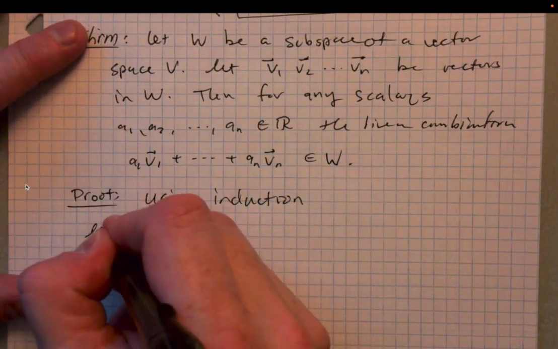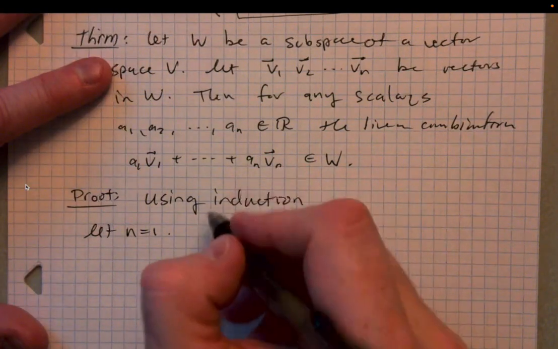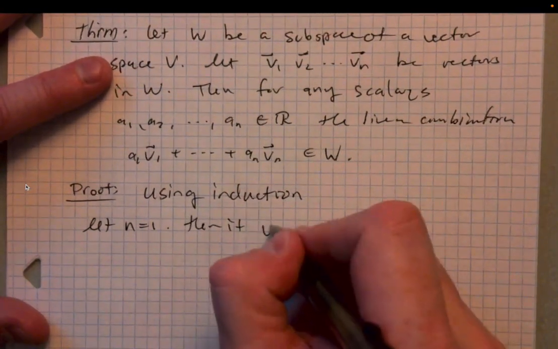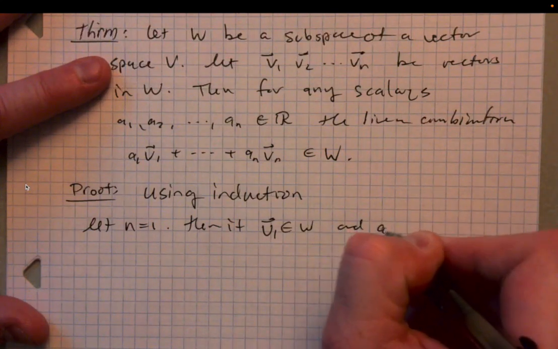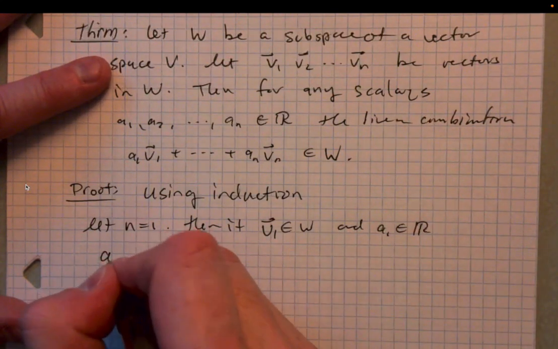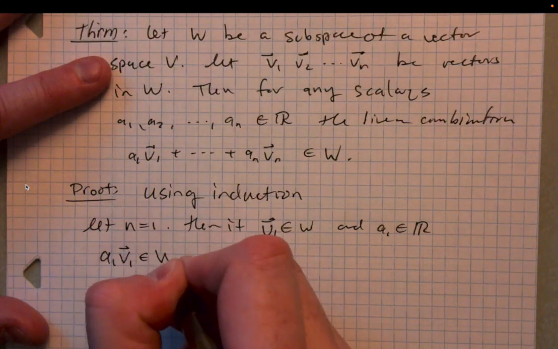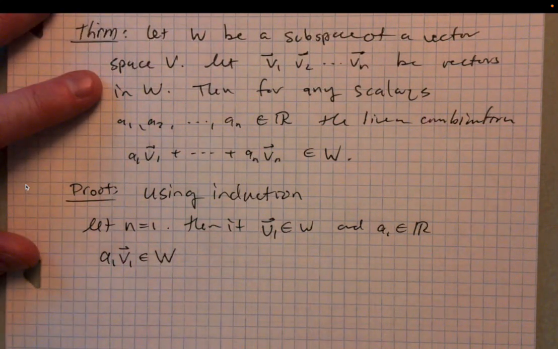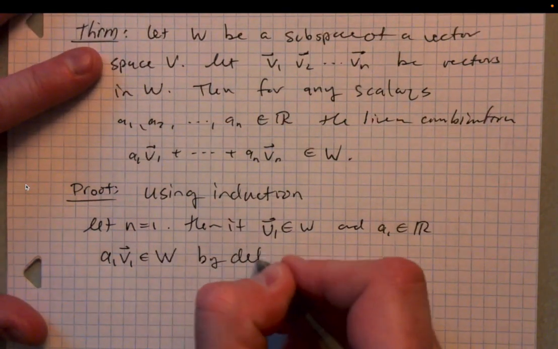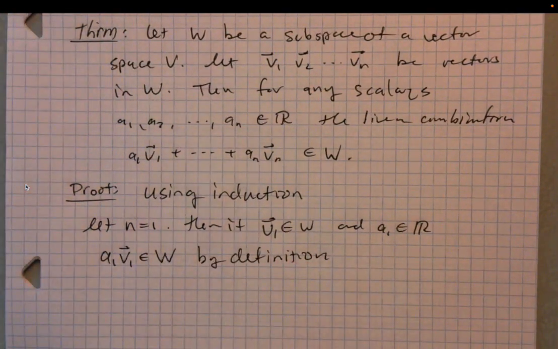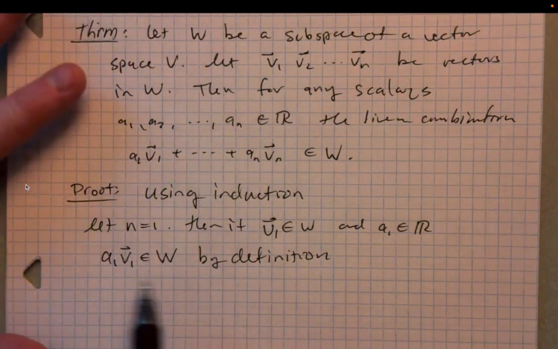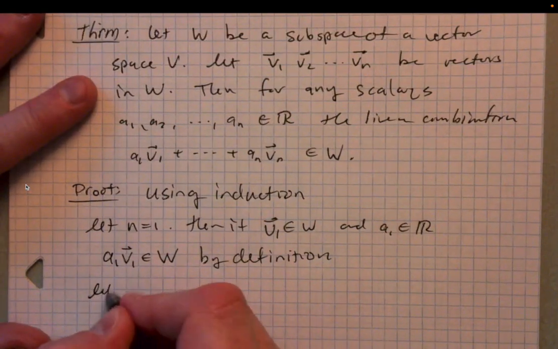Okay, let's let n equal 1. Then if V1 is in W and A1 is a real number, A1 times V1 is obviously in W by definition of the subspace. W is a subspace, so it's going to be closed under scalar multiplication. Okay, and so then you could make the mechanism really obvious by doing n equals 2. So let n equal 2.